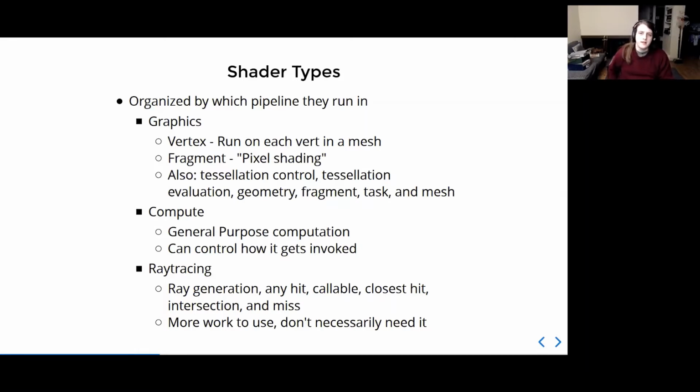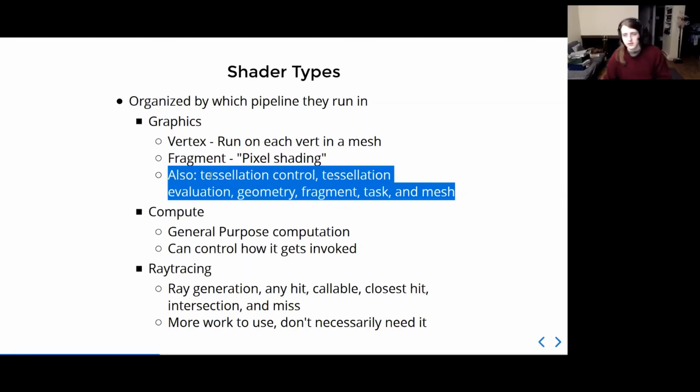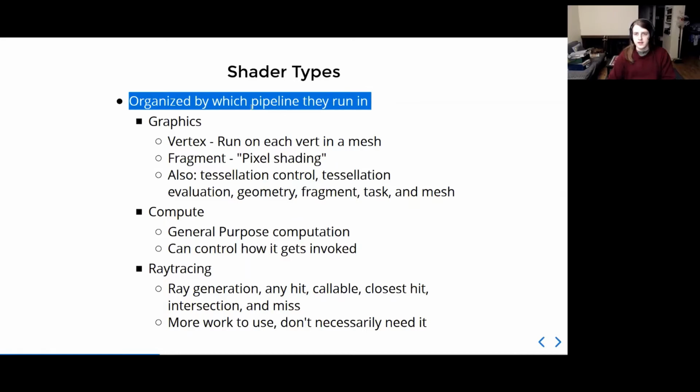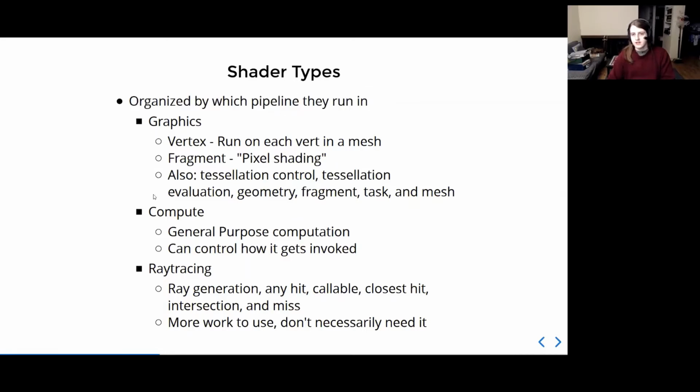The things I didn't mention are these graphics shaders, which are fancy and fun, but really are just more fine-grained control over the vertex shader, in the sense that they allow you to create new vertices or modify existing ones in ways that the vertex shader wouldn't. I have the lineup here organized by which pipeline they run in, and that's because these are the 3 different pipeline types in Vulkan.